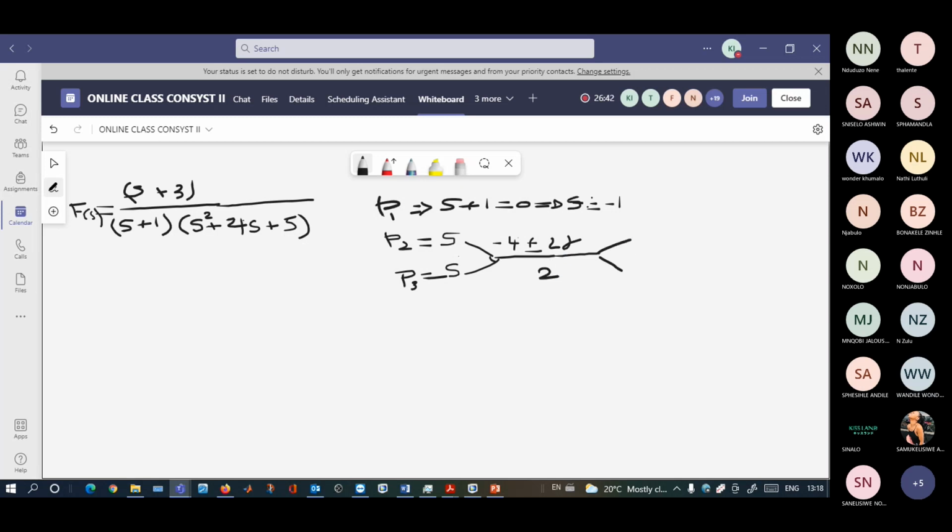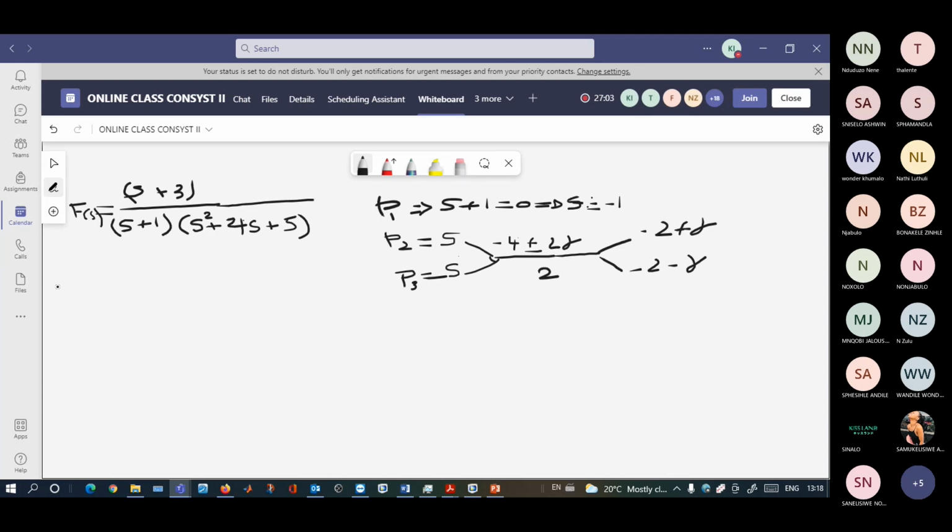So this is going to be equal to minus 2 plus j and minus 2 minus j. Okay. So these are our 3 roots: minus 1 and these 2.